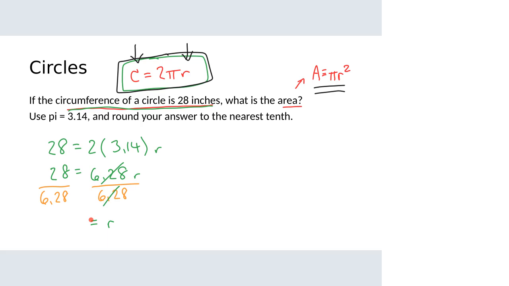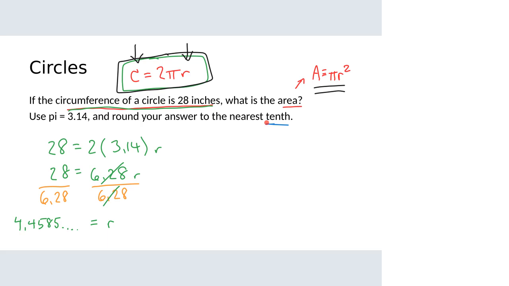And on the left, I've got 28 divided by 6.28, which is this really long decimal, 4.4585, and it just keeps going. The problem tells me to round my answer to the nearest tenth, but I'm not to my answer yet. I don't want to do any rounding until I get to the very end.